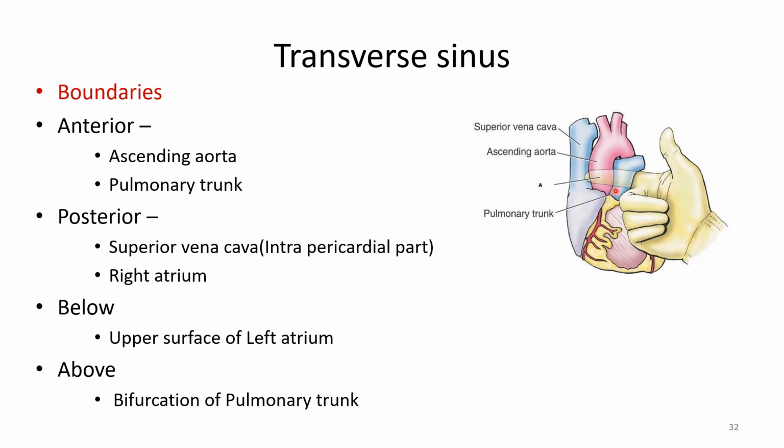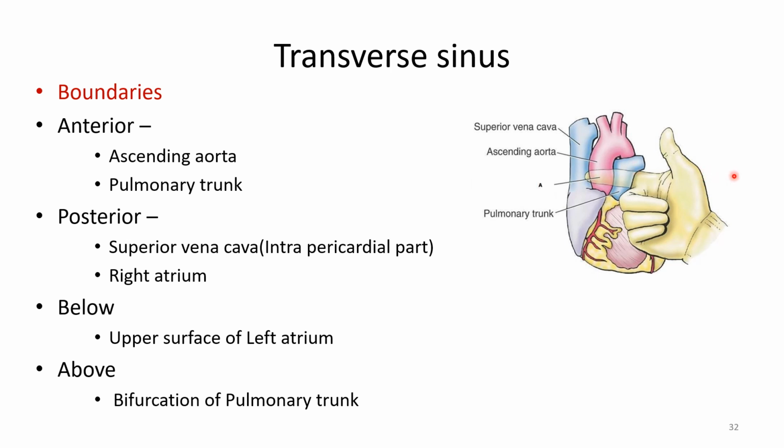Anteriorly are the ascending aorta and the pulmonary trunk. Posteriorly are the superior vena cava, the intrapericardial part, and the right atrium. Below is the upper surface of the left atrium, and above is the bifurcation of the pulmonary trunk.